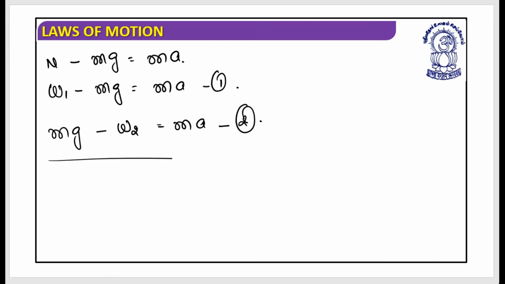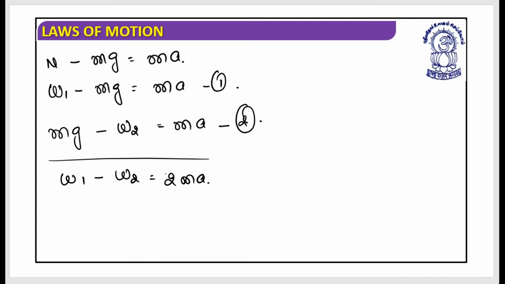Yes, so let's add them. If we add this, the plus mg and minus mg get cancelled out, and this is weight 1 minus weight 2, which should be equal to ma plus ma, that is 2 into ma.